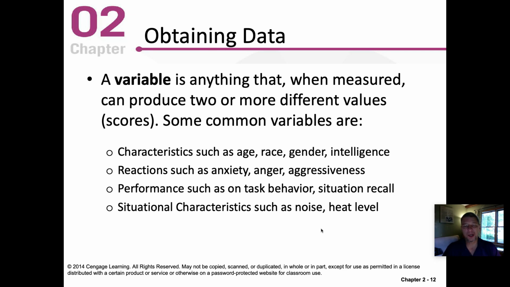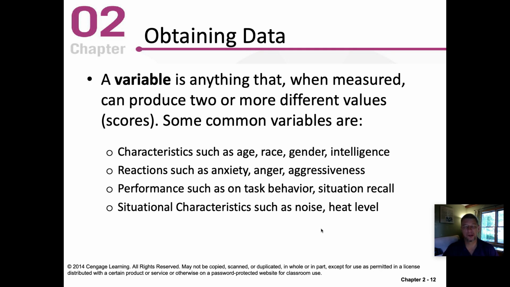It might be the reaction to a certain situation, like anxiety or anger or aggressiveness, although those are probably more on a sliding scale and result from polling data and that sort of thing. No one can actually measure your anxiety, but we can estimate it fairly well.